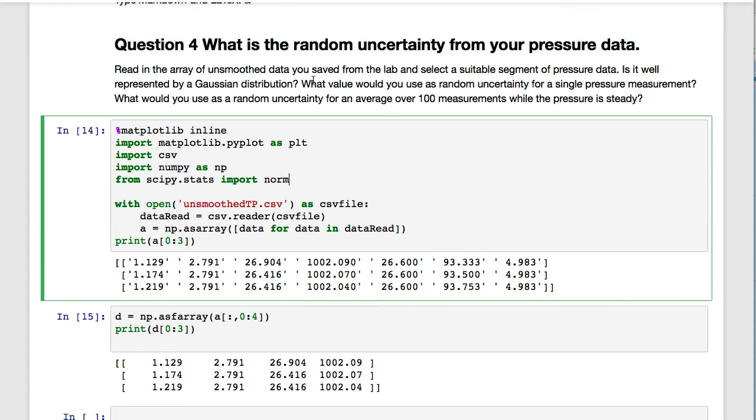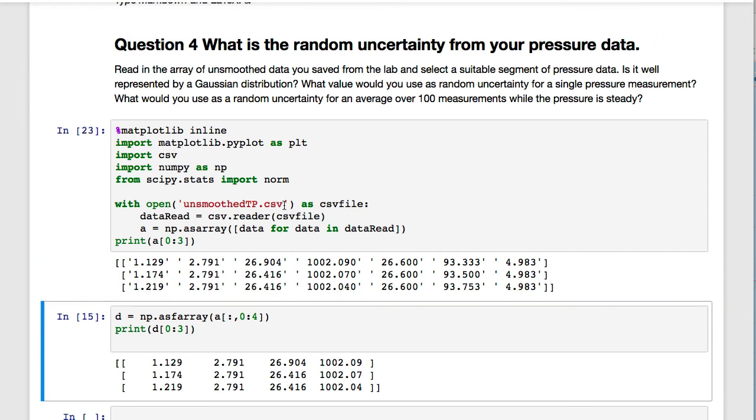Now here, I've got my own data, and if you don't have any data, you can use my data and do some analysis on that. And then I've converted that data to a floating point array.